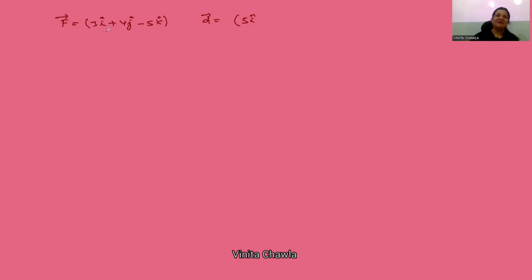The vector f is 3i cap plus 4j cap minus 5k cap, and vector d is 5i cap plus 4j cap plus 3k cap.